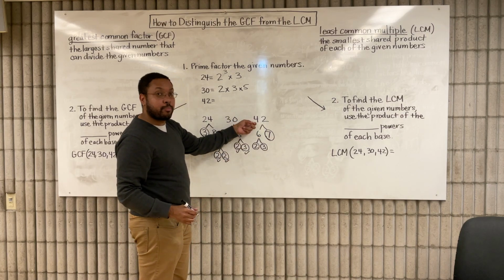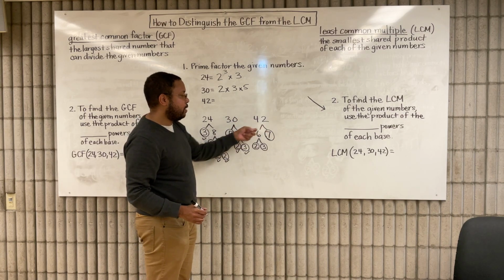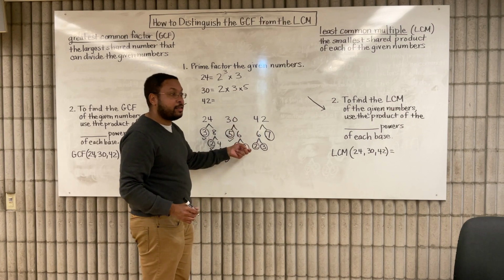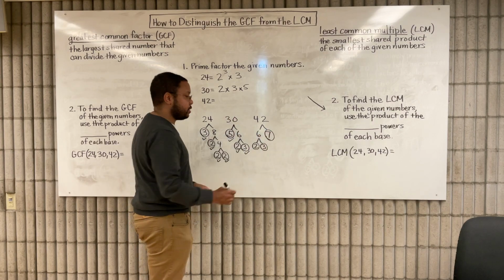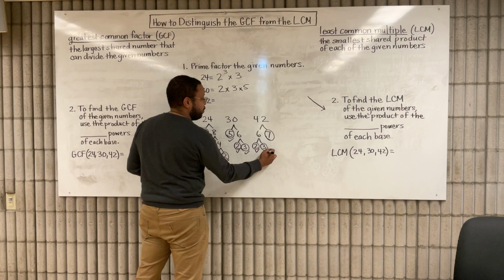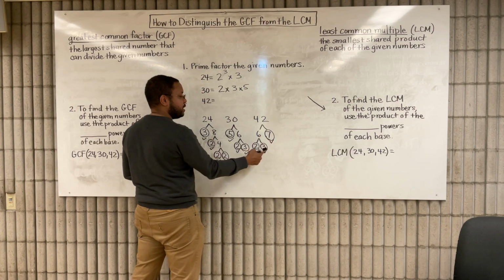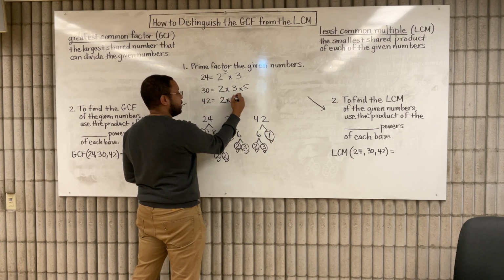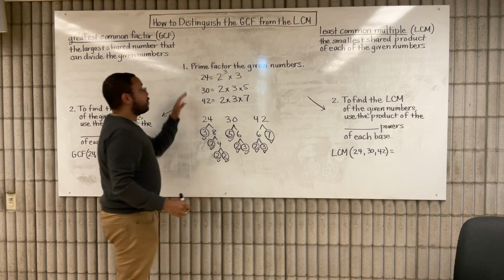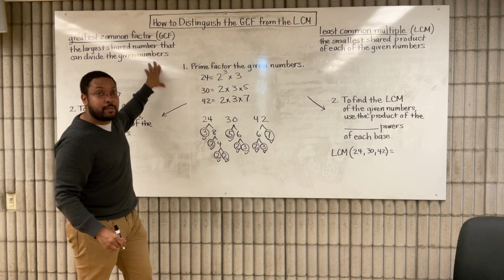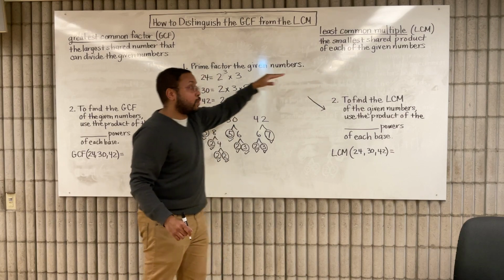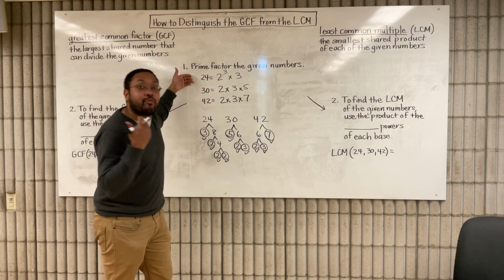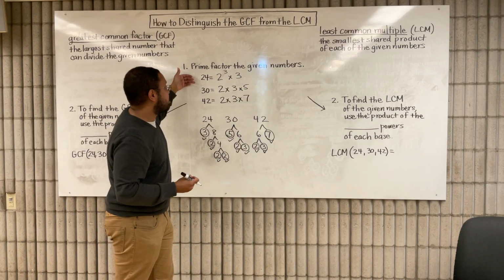So if a number is not prime, it's composite, we break it down, and we keep breaking the number down until we get to only prime numbers, okay? 2 is prime, 3 is prime, and 7 is prime. I only see 1 factor of each, so I can write 2 times 3 times 7. So the first step in finding either the greatest common factor or the least common multiple is always the same: prime factor the given numbers, okay?